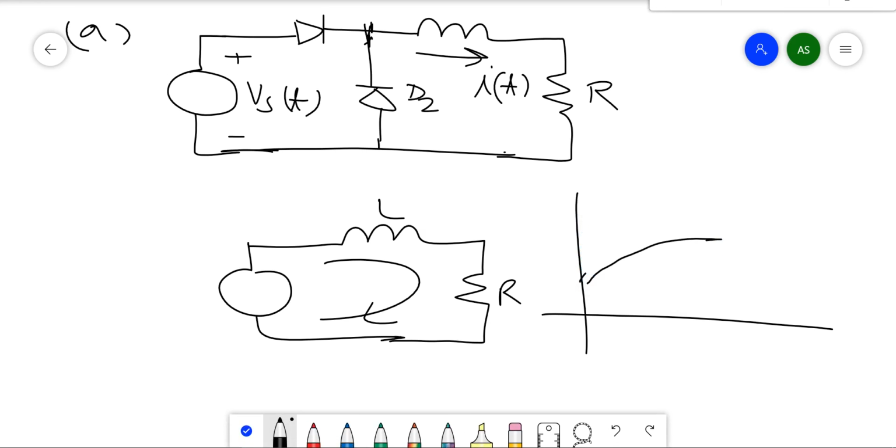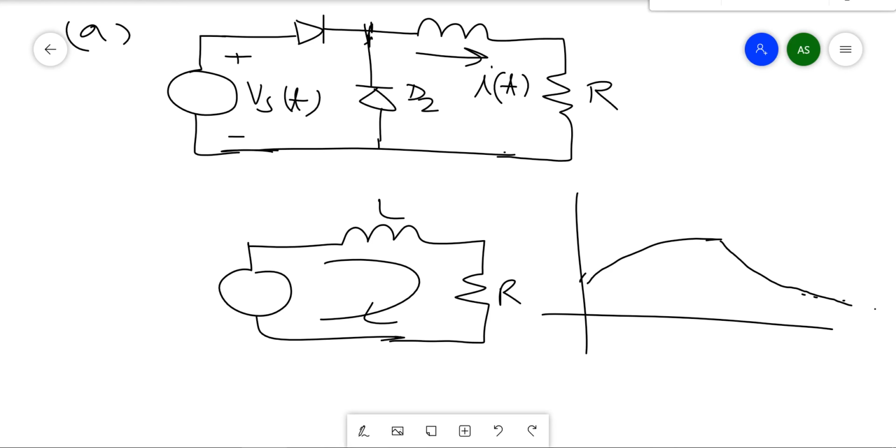So the current will start decreasing exponentially, till the diode D1 becomes forward biased in the next cycle. Till then the current will be decreasing.